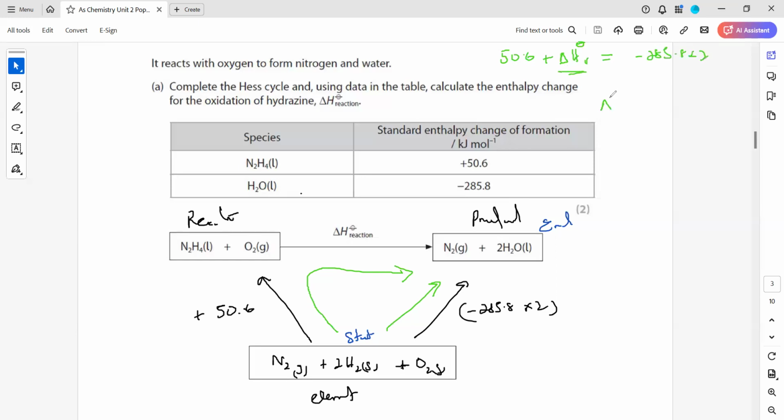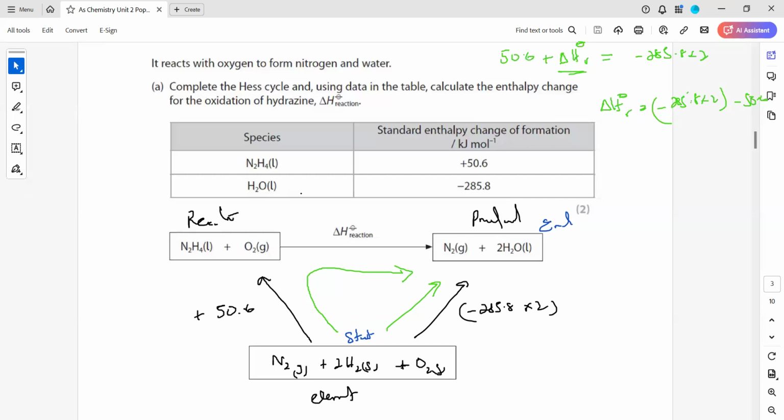So if you need the enthalpy change of this reaction, it will be minus 285.8 multiplied by 2, and then minus 50.6. So that will be the enthalpy change of this reaction.